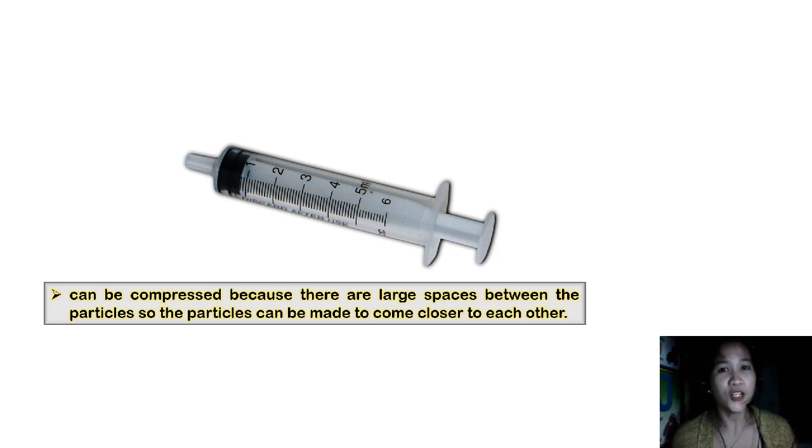The plunger could not be pushed because water is not as compressible as air. So the particles of liquid water are closer to each other, and it is difficult to push them even closer to each other. Okay, very good.